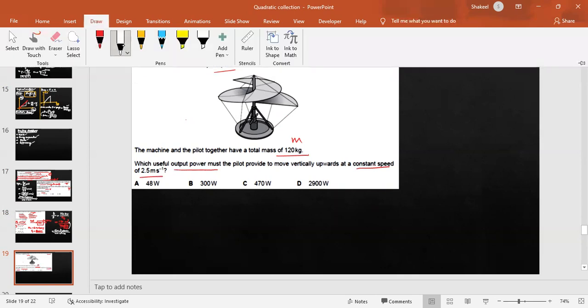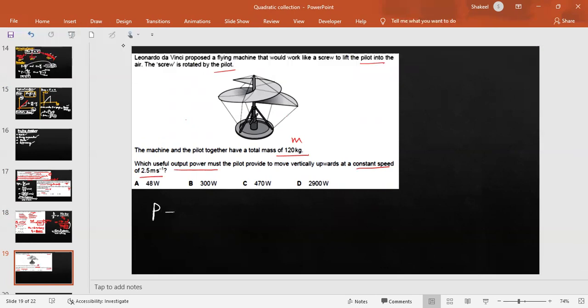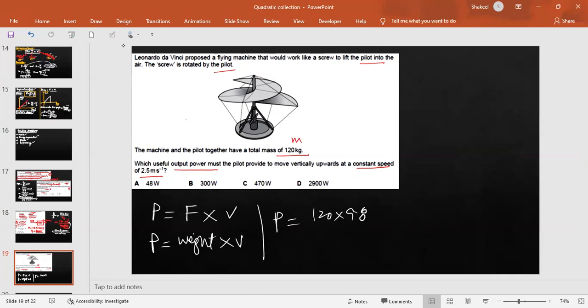Okay, so this is motive power because the machine is moving, so power is force into velocity. And when anything is moving at constant speed, the force should be equivalent to the weight. So the weight is 120 into 9.81, and velocity is 2.5.